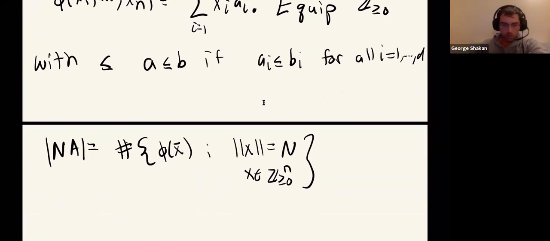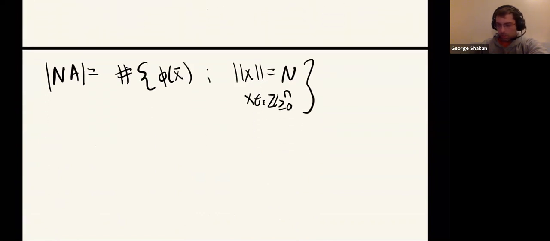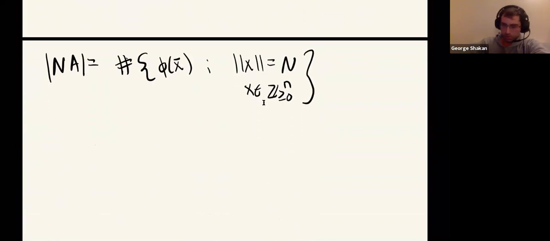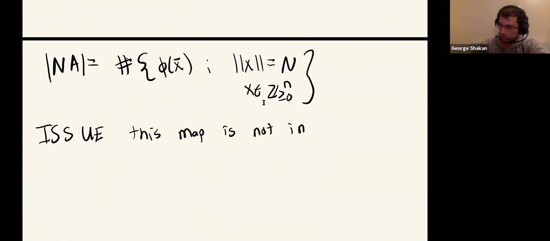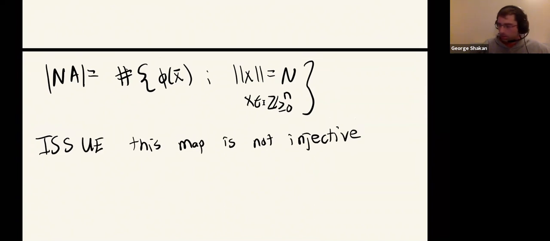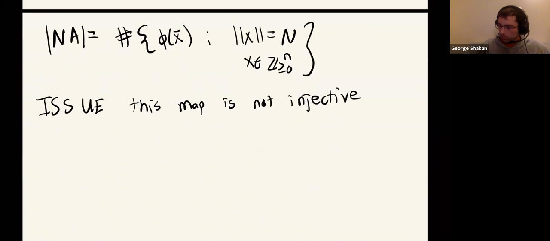Right, so yeah. Okay, so we're increasing the dimension, so this map's not going to be injective, so it's an obvious issue. Right, so what's the easiest picture to have in mind?